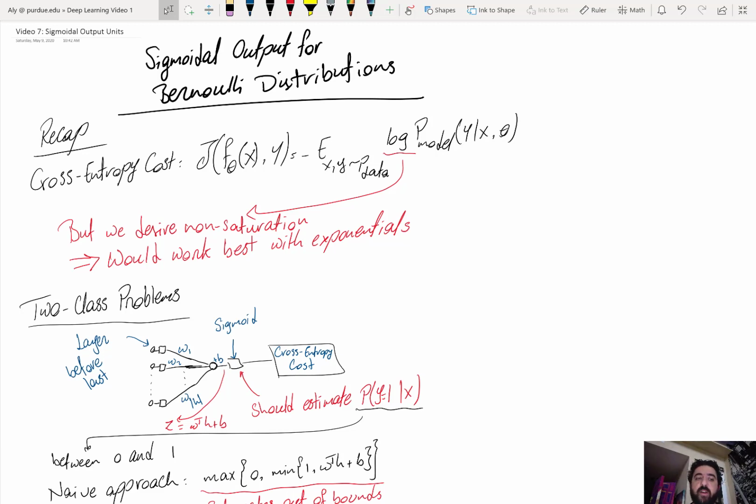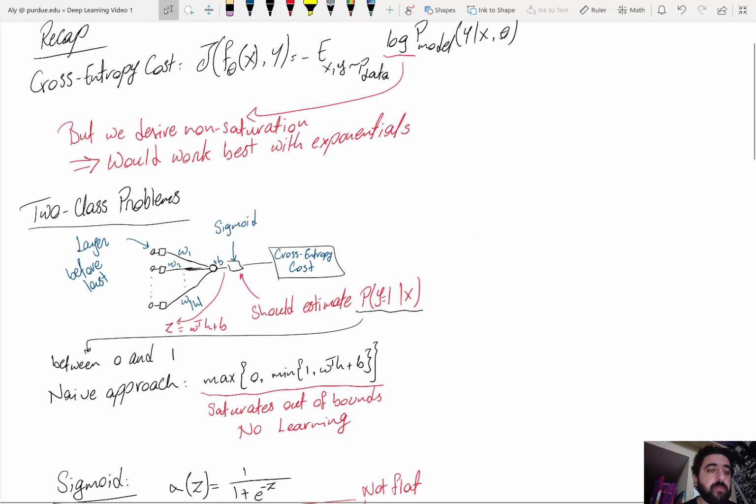But we also discussed that a desirable property of gradient-based learning, which is used in deep neural networks, is to have the gradient not saturate, meaning that we want the gradient magnitude to always be significant. Log functions can easily saturate unless they are combined with exponentials so that you get a linear output. So log e to the x is x, but log of anything else can easily saturate.